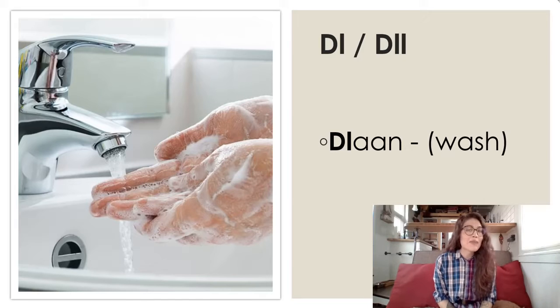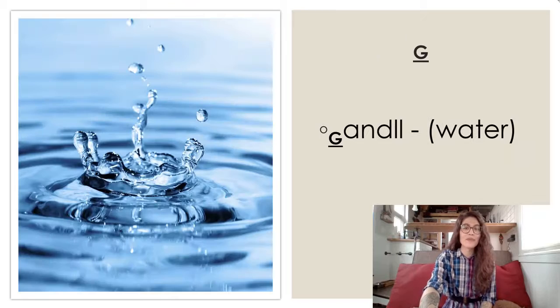D. An example of this sound is the word for wash, which is dlan. Can you say dlan? Dlan is something that all of us have been doing a lot recently due to current circumstances.